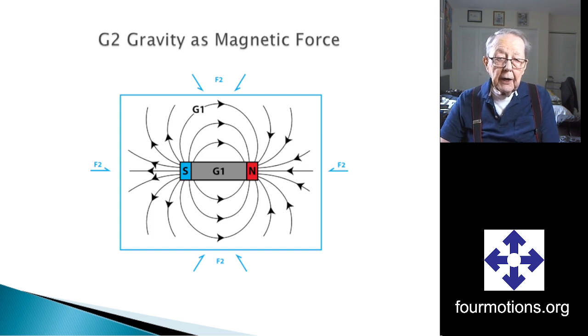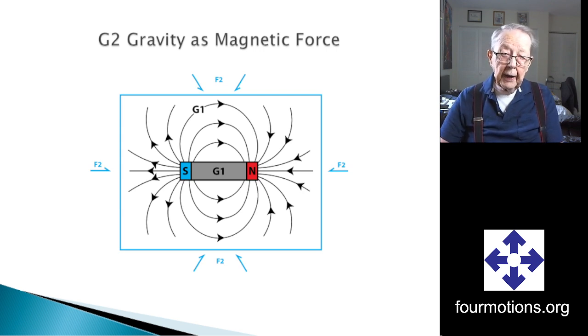Okay, another application of the G2 force is it keeps the magnetic field around a magnet in orbit around and through it. Now, the G1 particle here is moving at speed c.